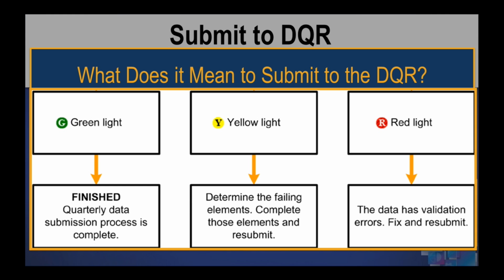If you have only answered 89 with eye color, you will be issued a yellow dot status in the DQR as you have not met the threshold. You will not get a green dot status until you have answered the required 90 patients for this sequence number.